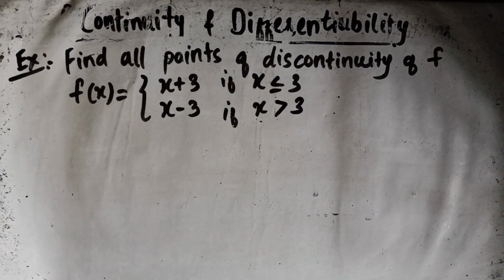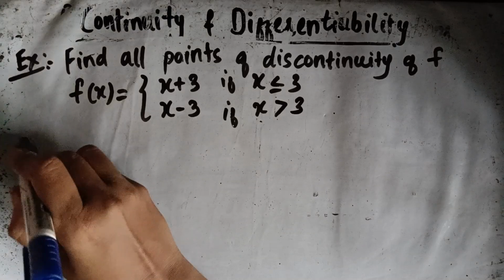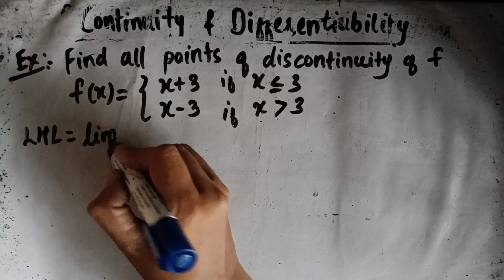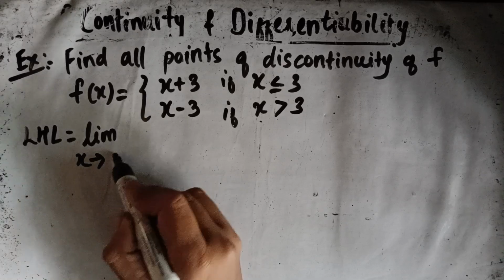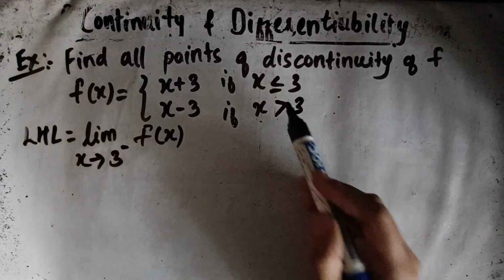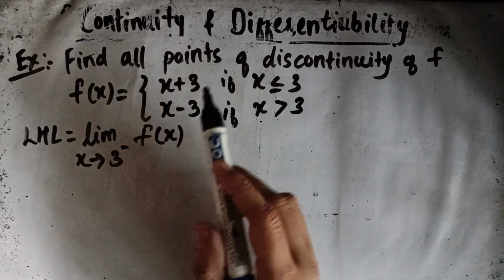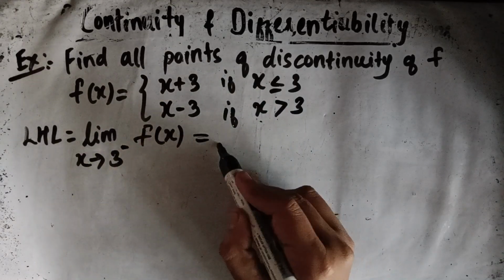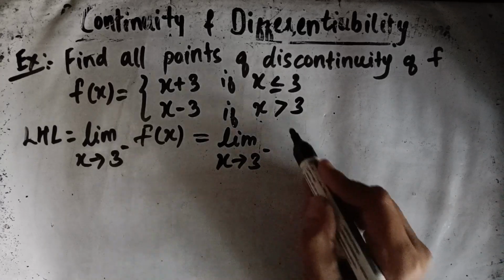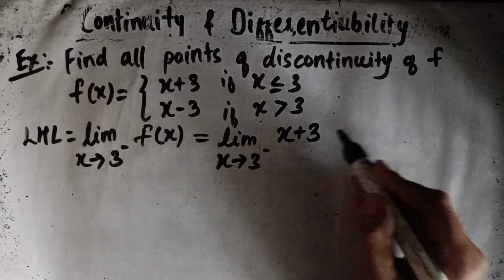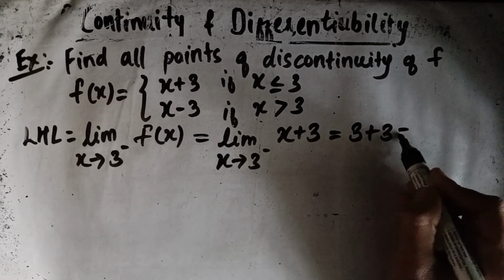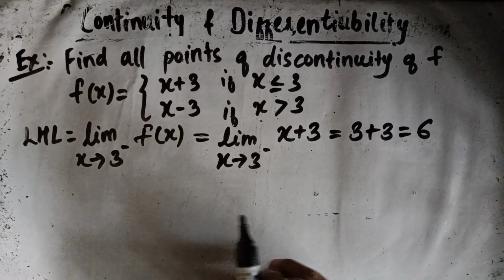Okay. So left hand limit, if I take, okay, for left hand limit you have to take this x plus 3. So this is, okay.